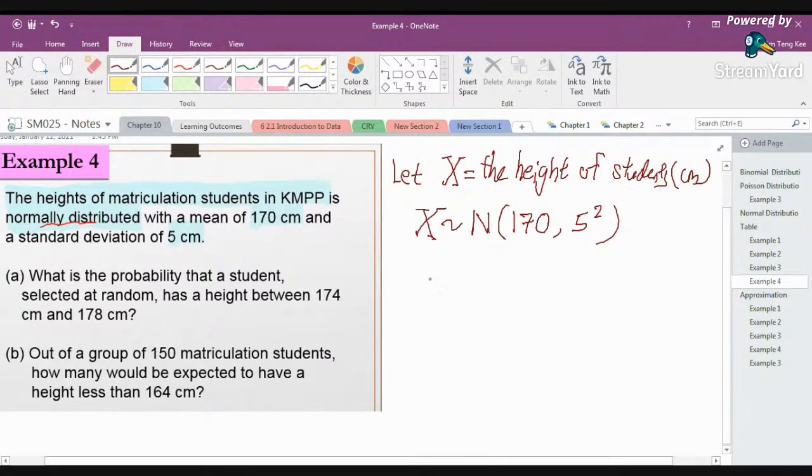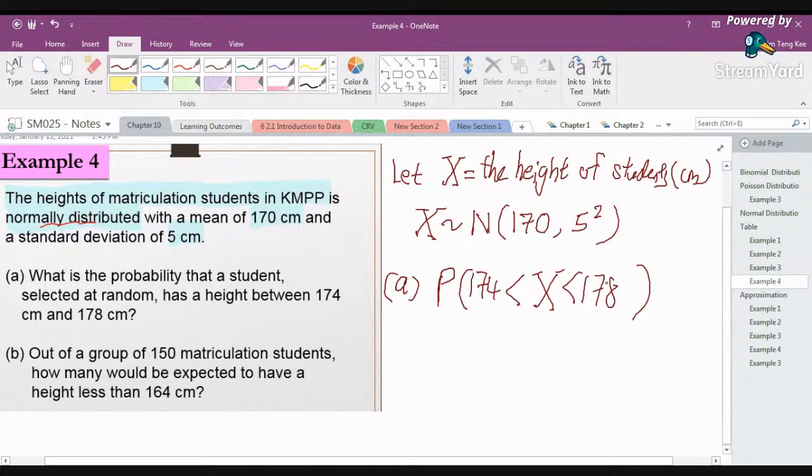Go on. After I'm clear about this, now we go for part A. Find the probability that a student selected at random has a height between 174 and 178. In this case, we are looking for the probability of the height X between 174 and 178, which means 174 less than X less than 178.